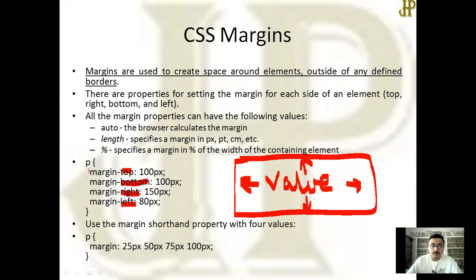And if you don't want to give these things separately, you can achieve a shorthand using only a property named margin, colon. After that, you have to supply 4 values.